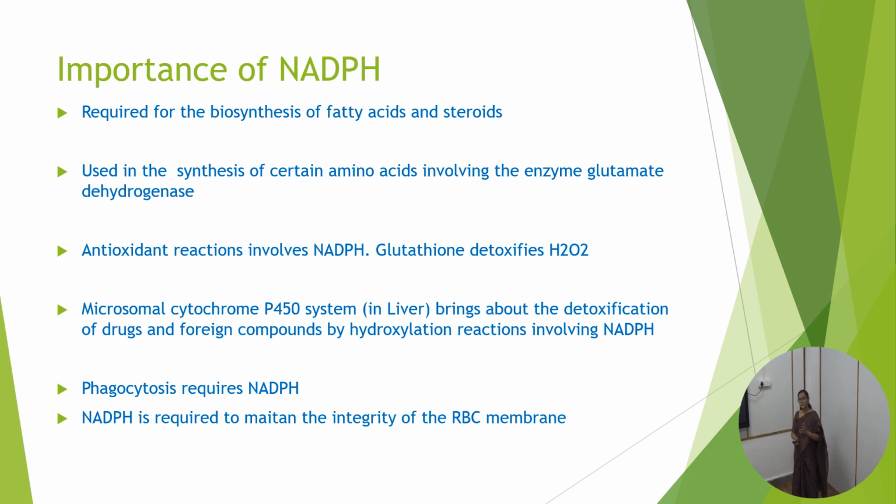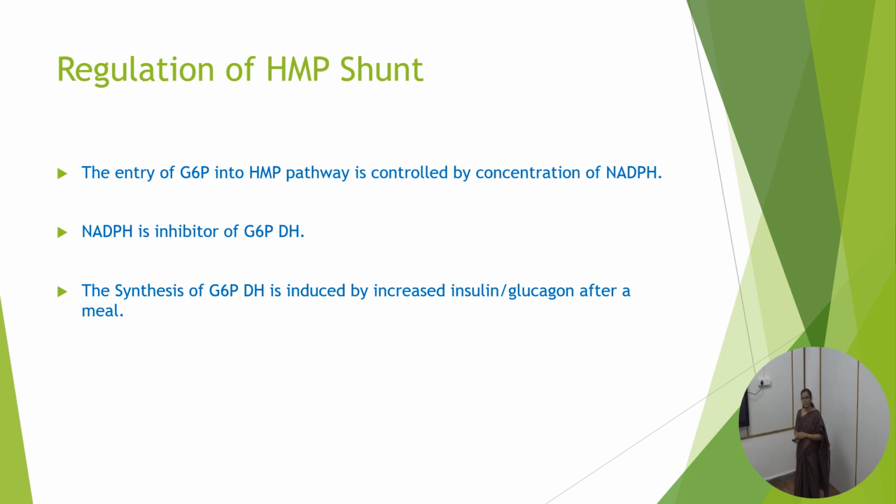Phagocytosis is the engulfment of foreign particles or microorganisms. This happens with the help of WBCs. These reactions, especially, require NADPH. And it is also required to maintain the integrity of the RBC membrane. So that's why this is a very important pathway, as it generates both the pentoses and NADPH.